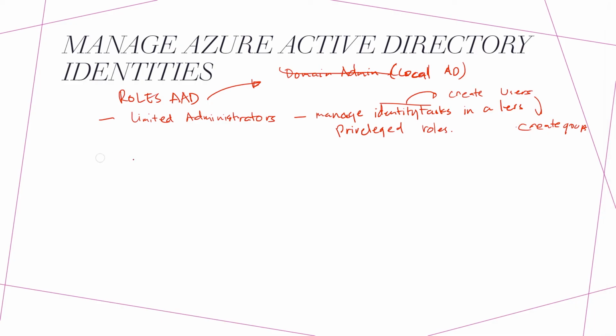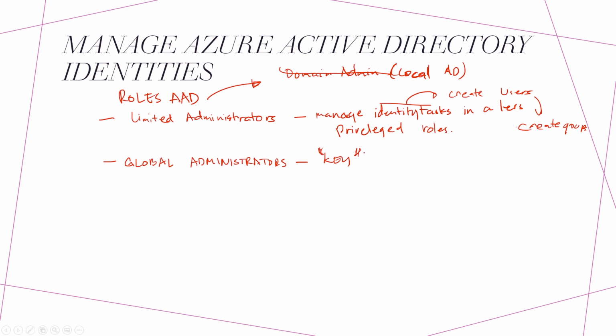Okay, the other one is the global administrators. They can read and modify every single administrative setting in your Azure AD organization. So they actually have the key for everything in your Azure AD. This is one of the highest roles you can get in Azure AD.